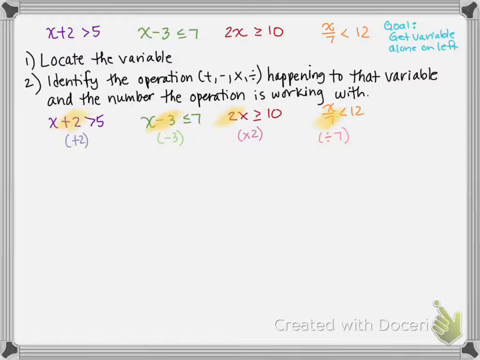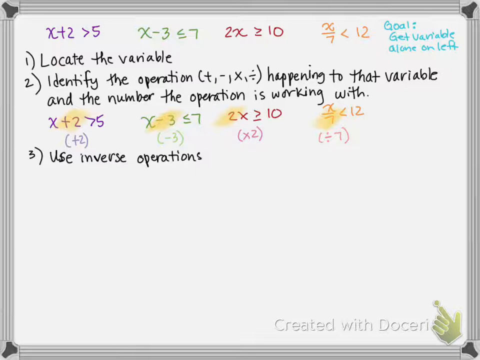Once we've identified it, now we're going to act. And we're going to use inverse operations. Remember, that was on our other slide. So it's the operation that is the inverse of the one that's there.